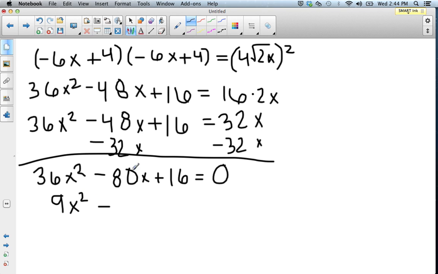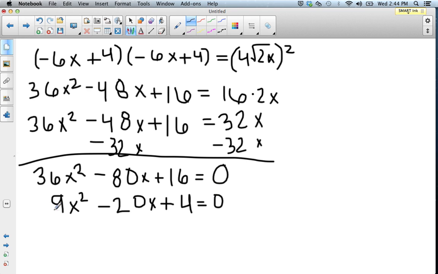Minus, if I divide this by 4, I get 20x. And if I divide 16 by 4, I get 4. That equals 0. All I've done is simplify it a little bit.